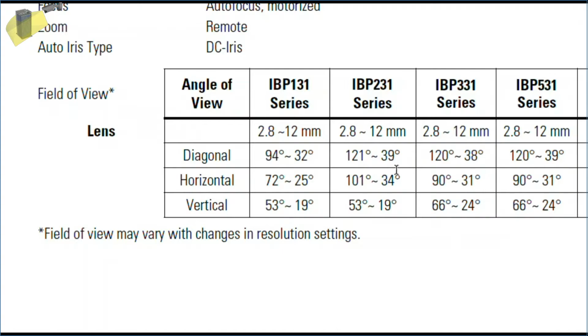So now let's see how this camera captures an image corresponding to the focal length 12 mm. When it's 12 mm, the horizontal field of view will be 34 degrees and the vertical field of view will be 19 degrees.